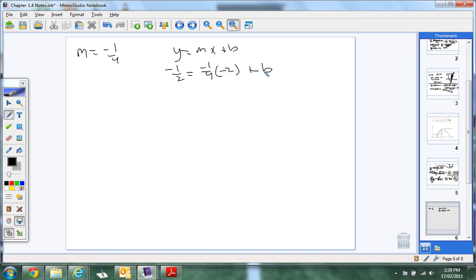Positive 2/4, which is positive 1/2. We minus a half, b equals negative 1. Okay, so our equation of our line, y equals negative 1/4 x minus 1.